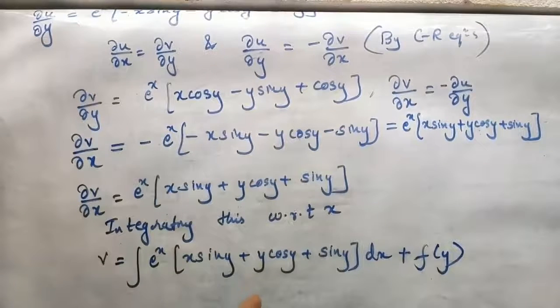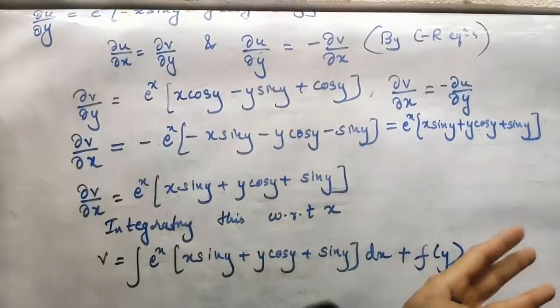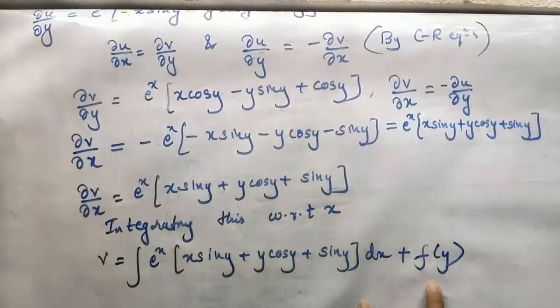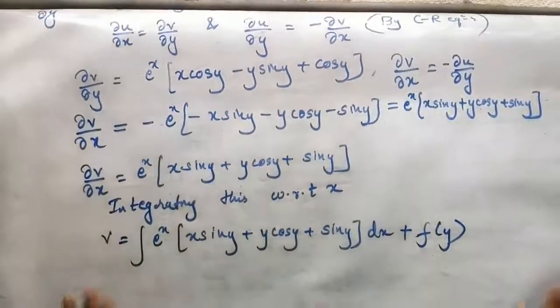Now I want to get back my v, so I simply integrate it with respect to x, treating y constant again. Since I am treating y constant, instead of an arbitrary constant, we write an arbitrary function of y, to account for those terms whose partial derivative with respect to x is 0. Later I'll show you how to find this f of y. I hope this point is clear.